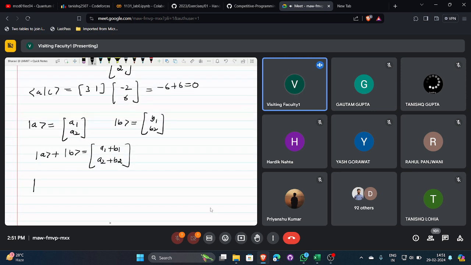Now suppose I find the combination of A and B, so what will it be equal to? See, this is the vector. Now you want to perform the operation, so it will be a1 plus a2, like the bra form of it, and then the ket form.